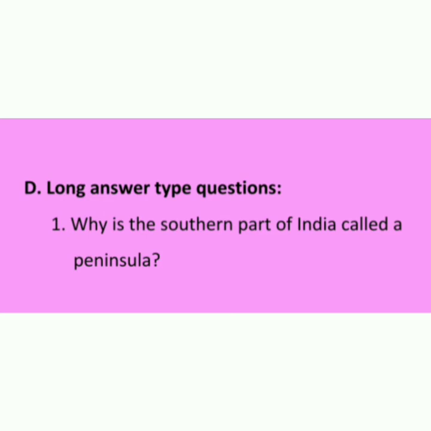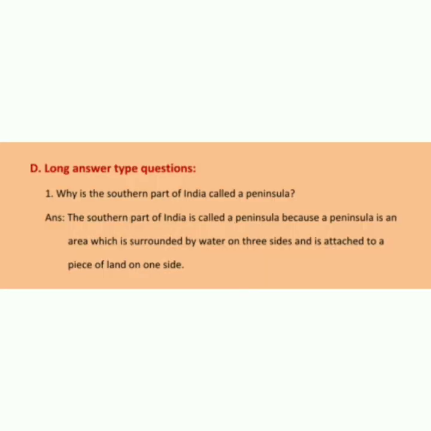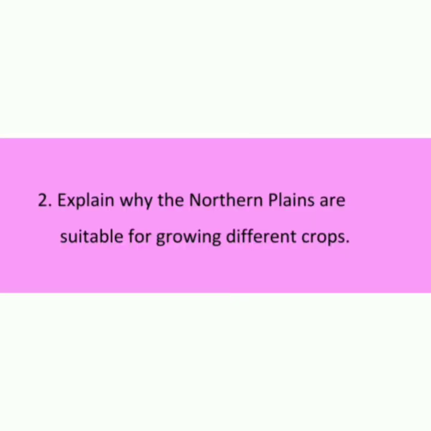Why is the southern part of India called a peninsula? Answer. The southern part of India is called a peninsula because a peninsula is an area which is surrounded by water on 3 sides and is attached to a piece of land on one side. Second, explain why the northern plains are suitable for growing different crops.